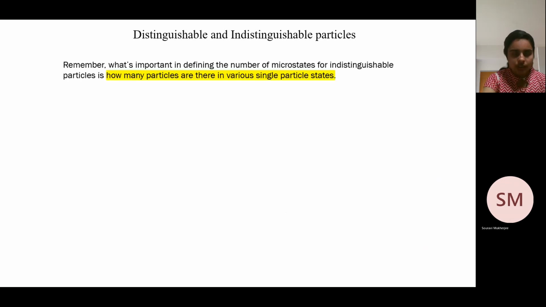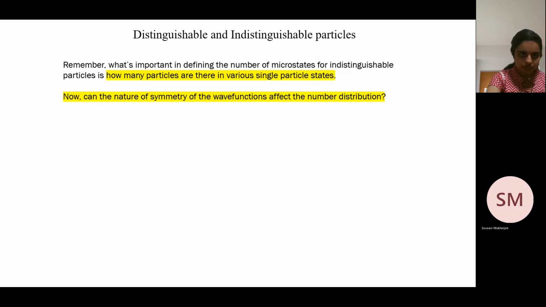Now let's get back to our same question. What we were looking into was finding the number of microstates corresponding to some defined macrostate. What we saw is that if the particles are indistinguishable, it doesn't matter which particle is in which state. What matters is how many particles there are in the various single particle states.